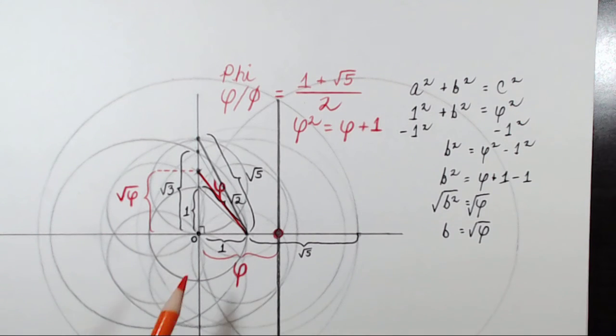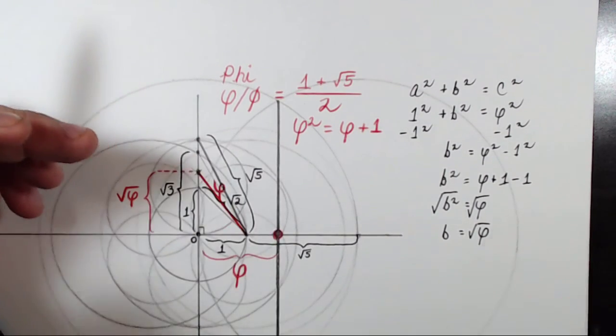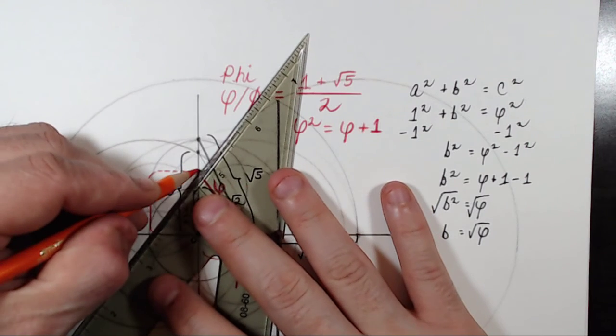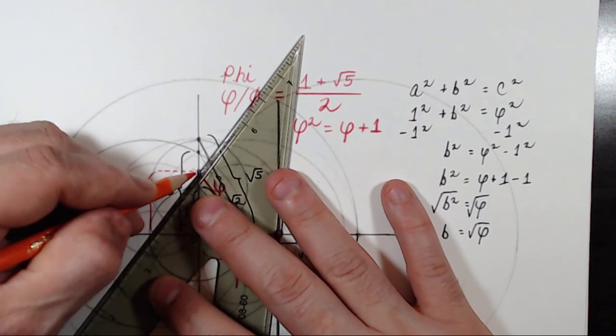What I'll do, since I know that the base is 1, that half the Great Pyramid's face is base 1, I'll just go over here and draw another line from height square root phi down to base 1 on the left side of my vertical axis.